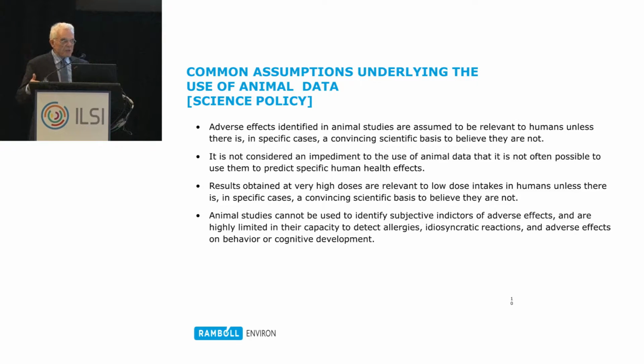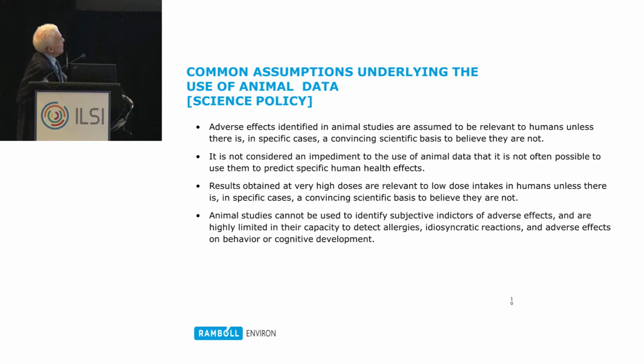So we make the assumption they're relevant. It's not even important to be able to say that the animal data predict specific types of effects in humans. They're still used for purposes of safety assessment, even if we cannot claim that a cancer in an animal predicts a specific cancer finding in humans, and we cannot claim that. That may seem odd to many people, but it's a common assumption.